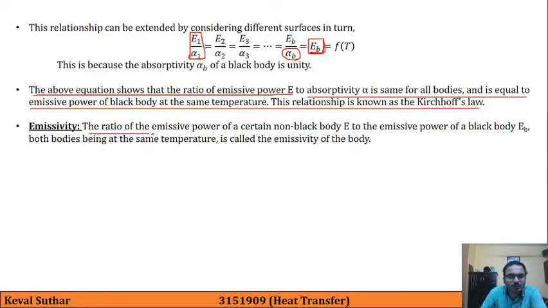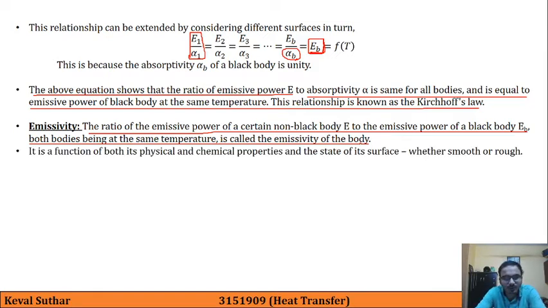The ratio of emissive power of certain non-black body E to the emissive power of black body EB, both bodies being at the same temperature, is called as emissivity of black body. So the ratio of E to EB with same temperature of both bodies is called as emissivity of black body.